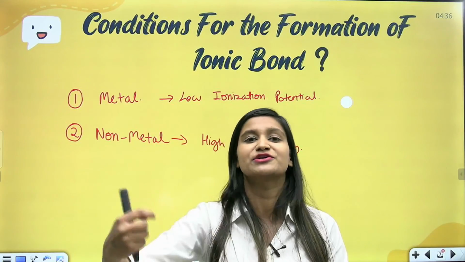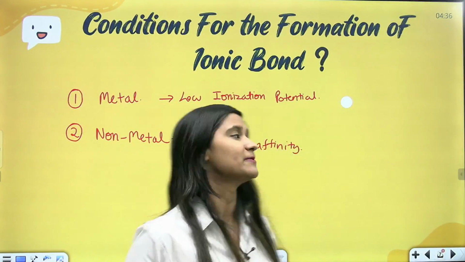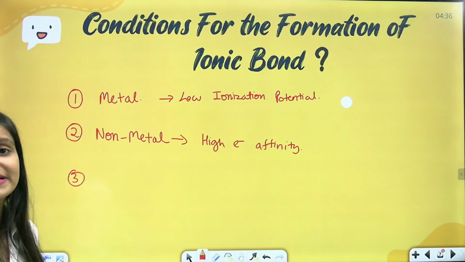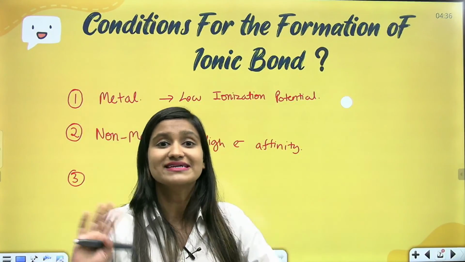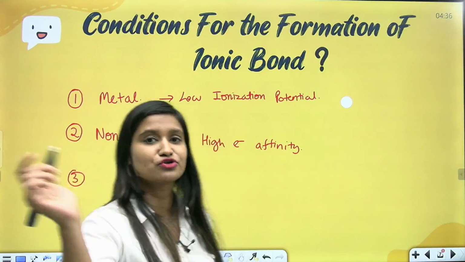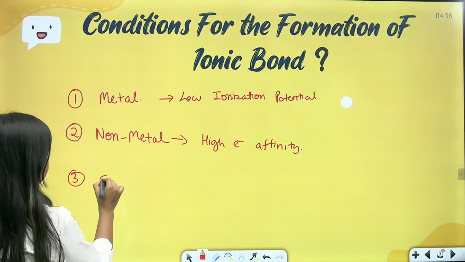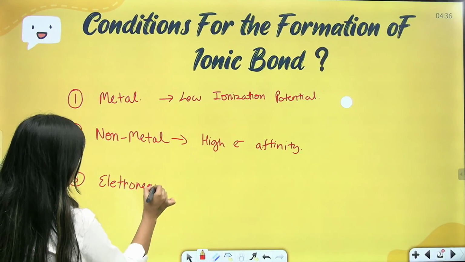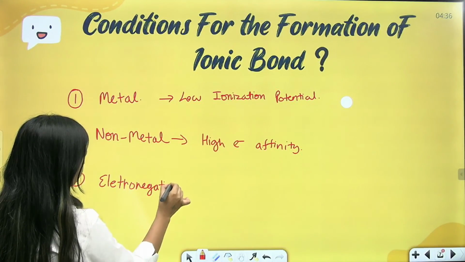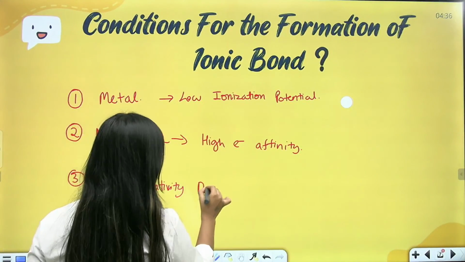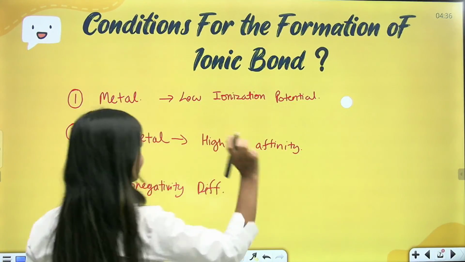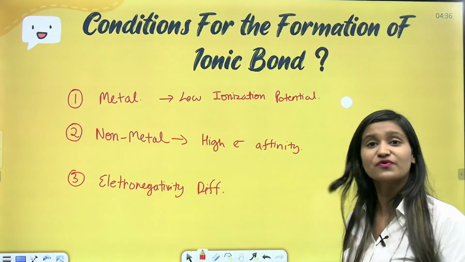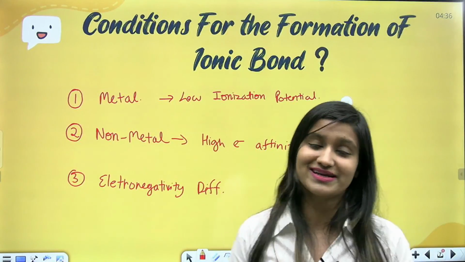And the third one: between the metal and non-metal, there should definitely be a major electronegativity difference. So here are all the conditions for the formation of ionic bonding.